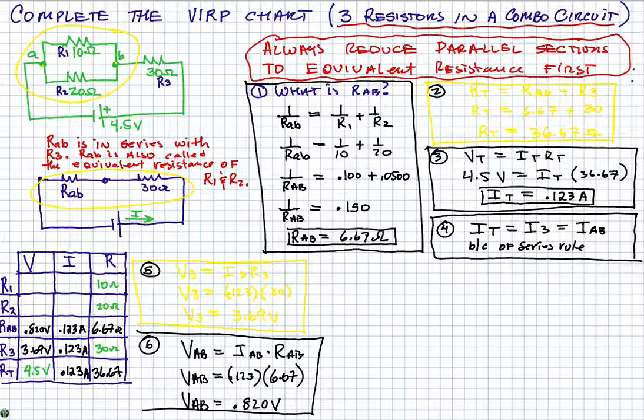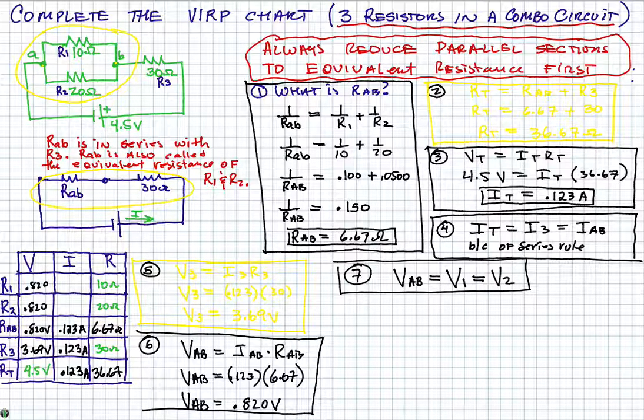So I guess that means we can just fill out the table with 0.820 and 0.820 volts. So let's write that down. So step 7, I know that the voltage between AB is equivalent to voltage 1, which is equivalent to voltage 2. Okay, so that's just a rule.